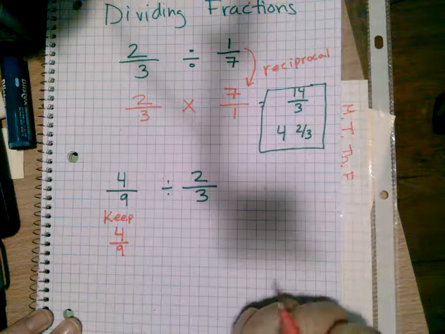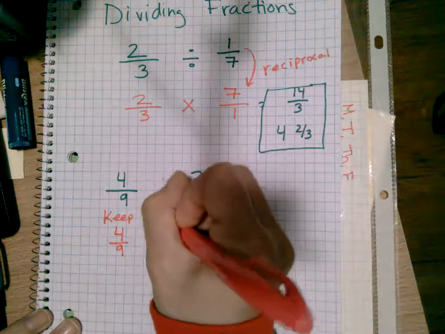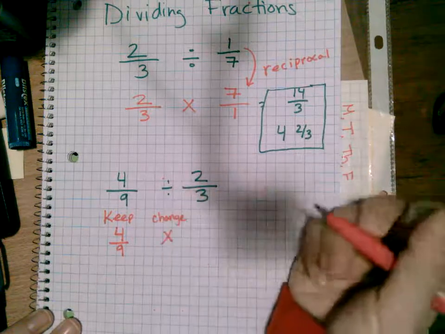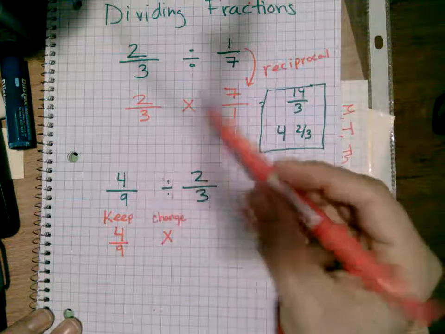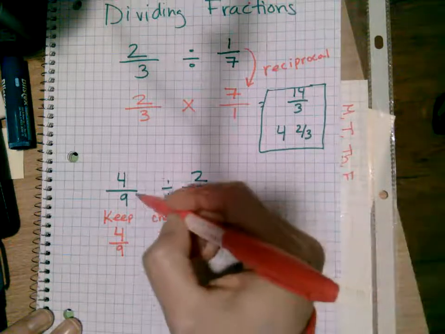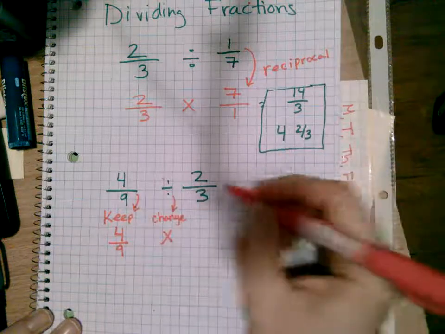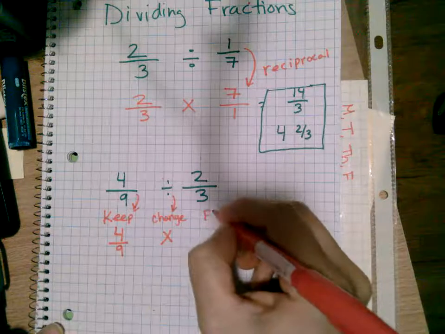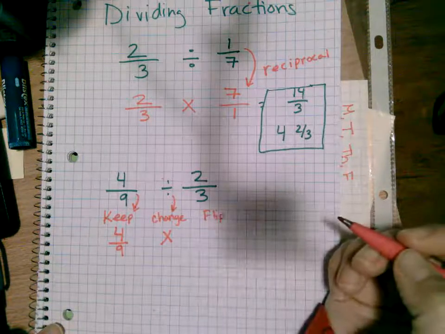You change division to multiplication. And then the 2/3, in basic English, you flip it.